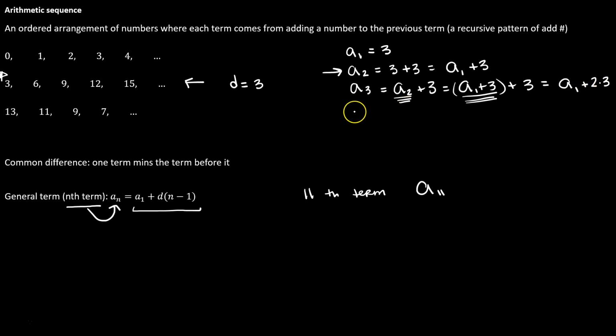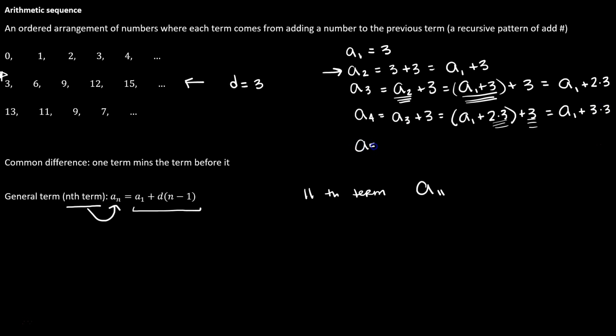And we can continue this pattern. a sub 4 is going to come from a sub 3 plus another 3. But we know that a sub 3 is just a sub 1 plus 2 times 3. And so we're adding 3 to that. Well, instead of writing 2 times 3 plus 3, why don't we write a sub 1 plus 3 times 3?